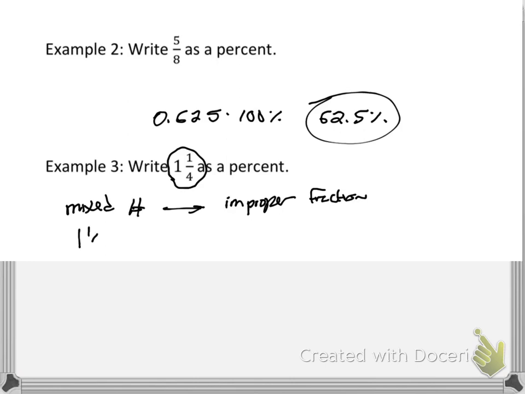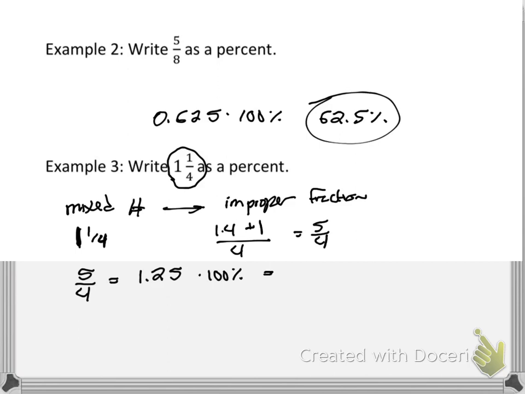So if I have 1 and 1/4, I do 1 times 4, and multiply this whole number here, 1 times the denominator, and then I add the numerator and put that all over 4, so we end up with 5/4. So if you type in 5 divided by 4 into your calculator, that will give you 1.25, and then we still have to multiply by 100%, so we get 125%.